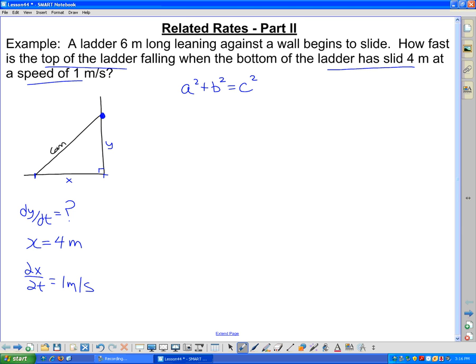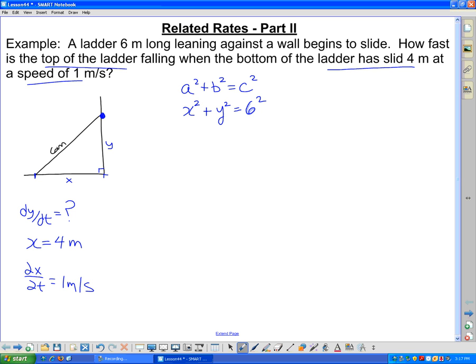In the first couple of examples, we were doing volume of cone, volume of cylinder. Now we're back to Pythagorean theorem. And for our situation, x squared plus y squared is going to equal the hypotenuse squared. And actually, we can just write in 6 squared, 36, because it's a constant.